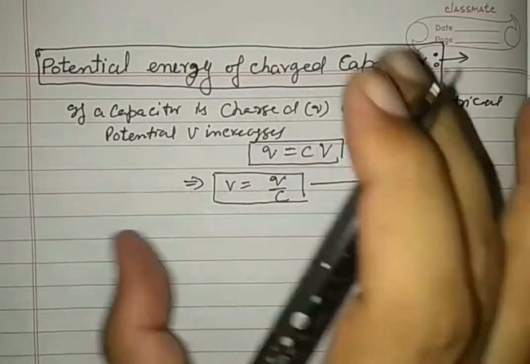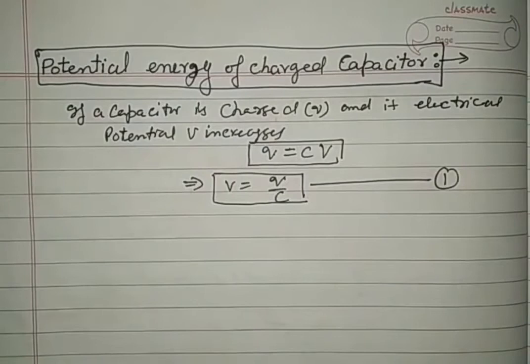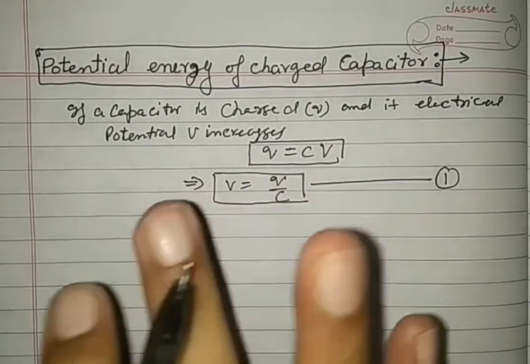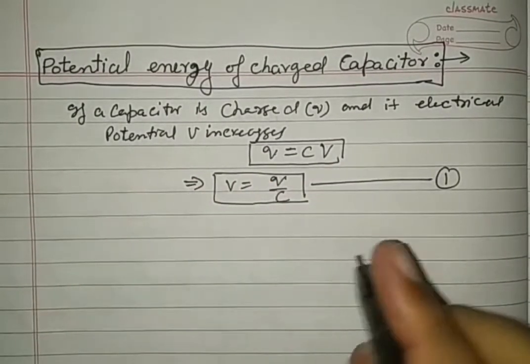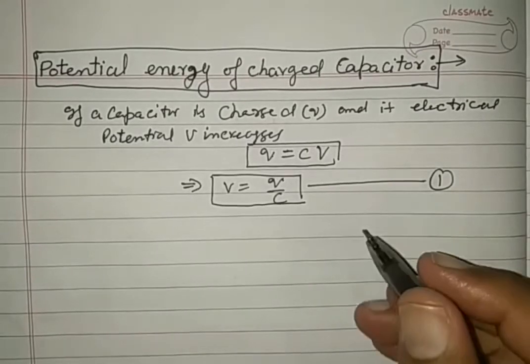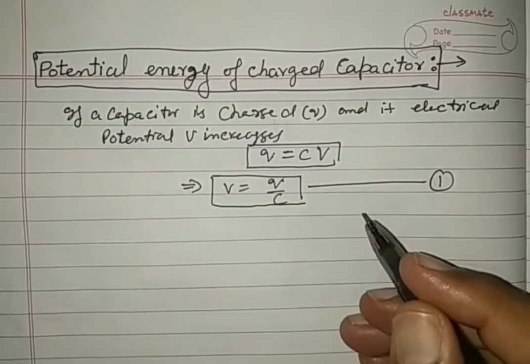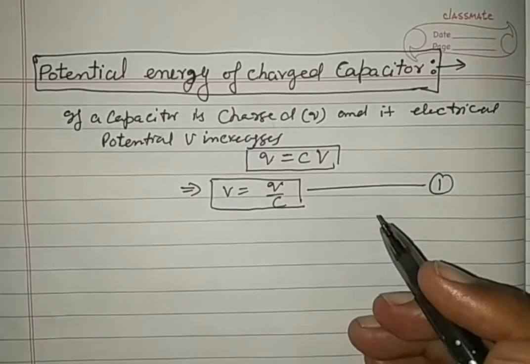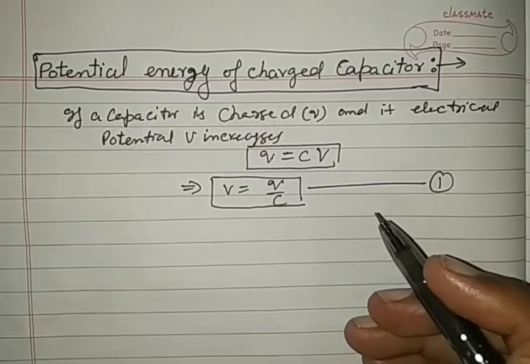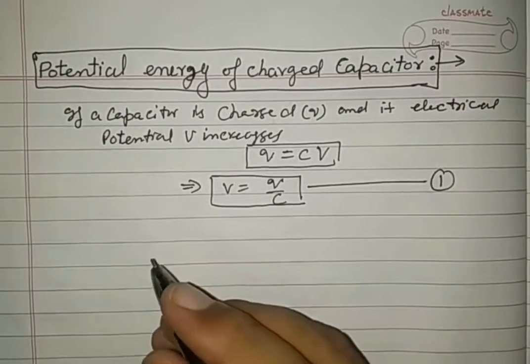See how potential energy is stored in a capacitor. When we charge a capacitor, we do work to charge it. So this work done is stored in the form of potential energy in the capacitor with the charge.